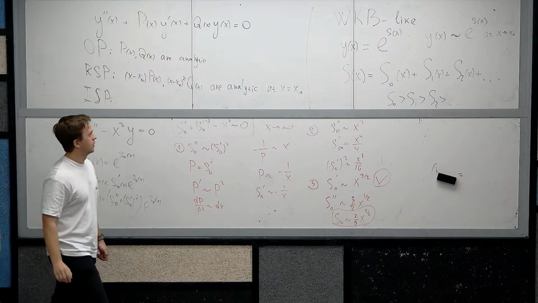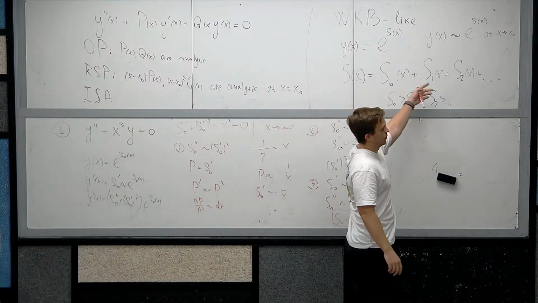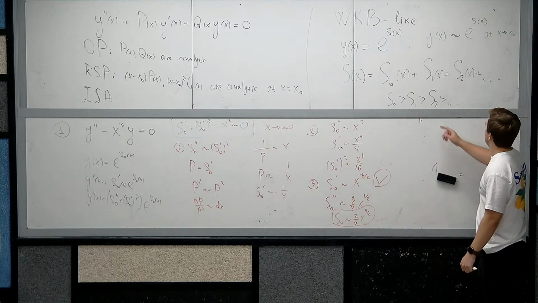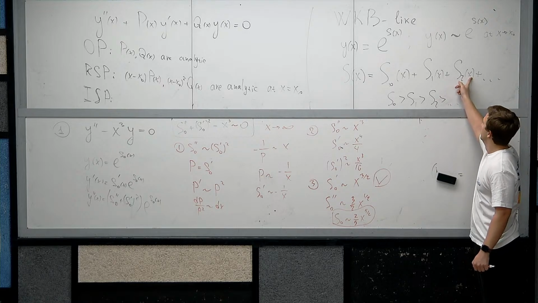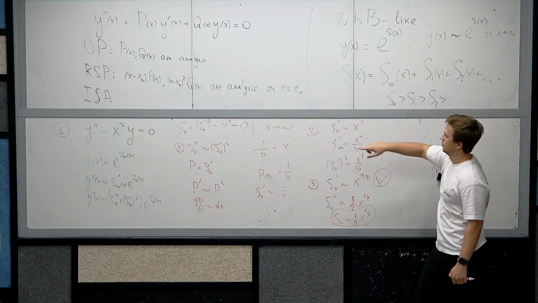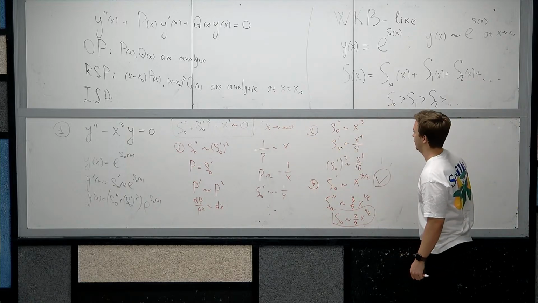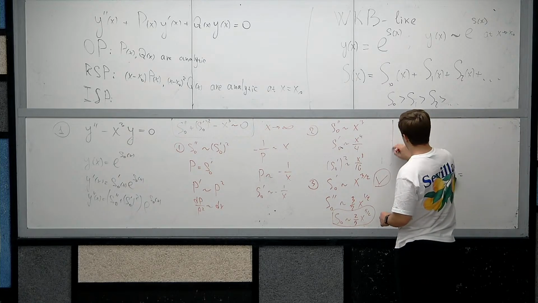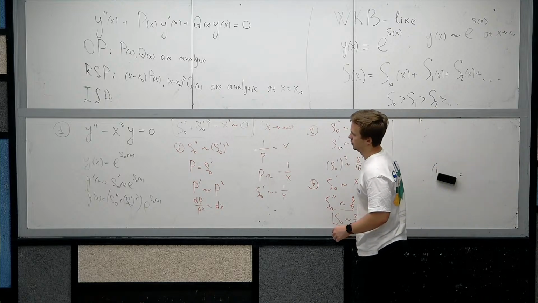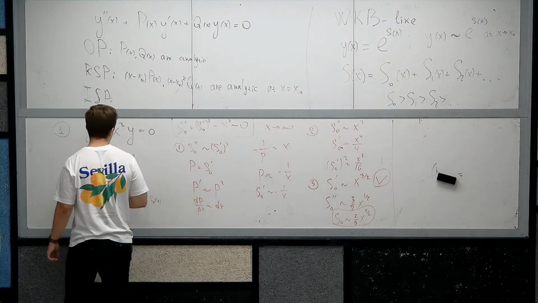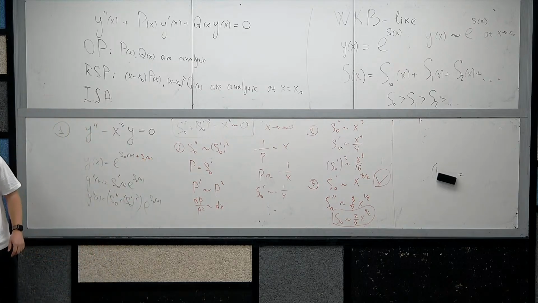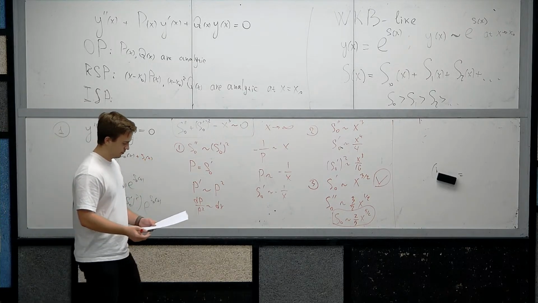Because in the solution we have a lot of terms, right? And we need to show that all of these terms actually go to 0 when x goes to infinity. For the next part we add one more term and basically do the same calculations.